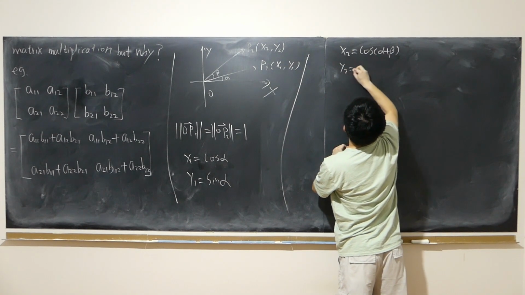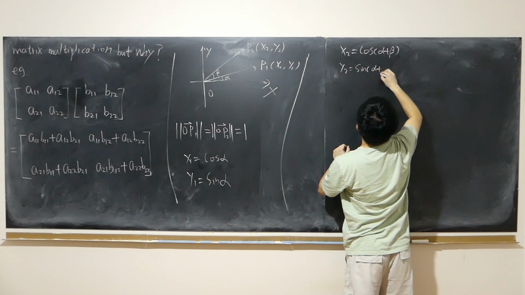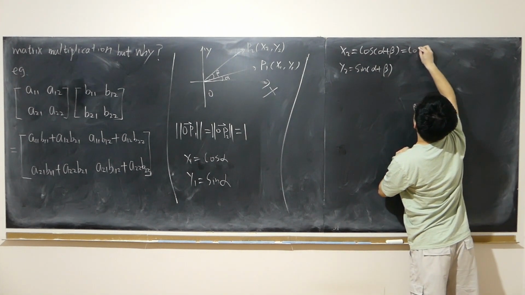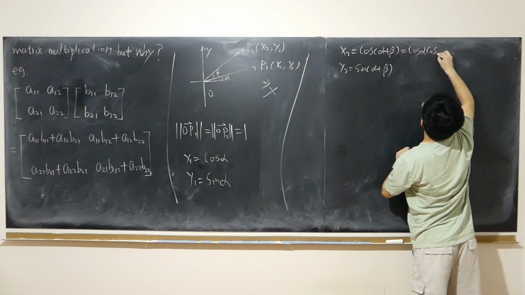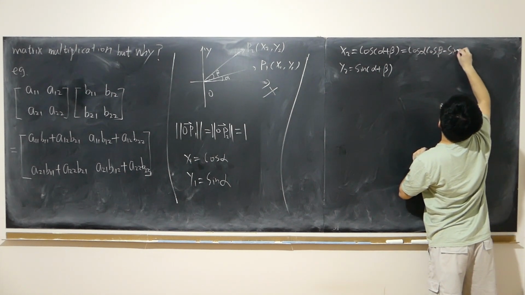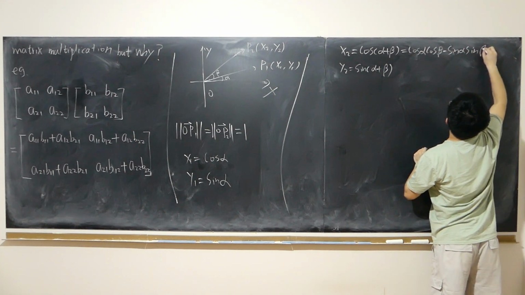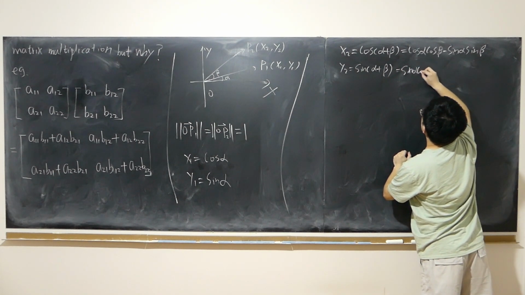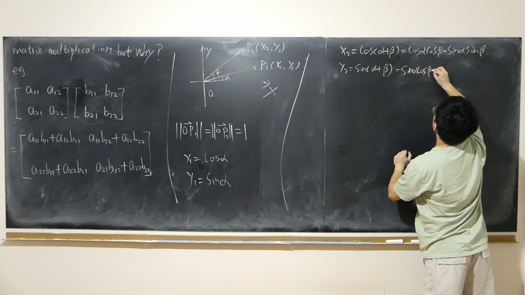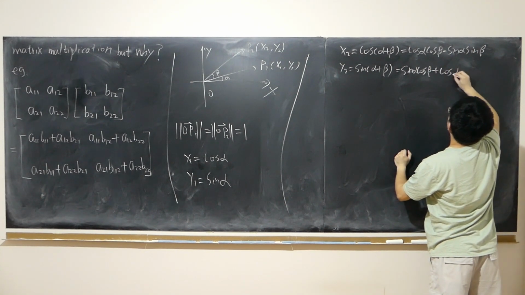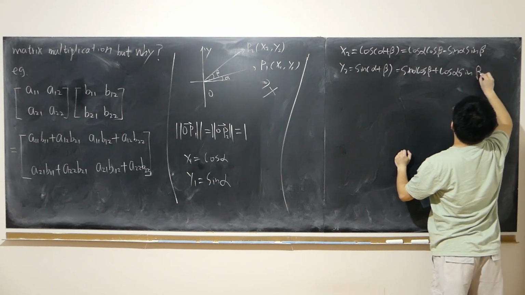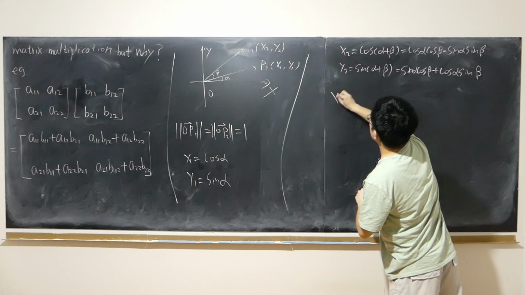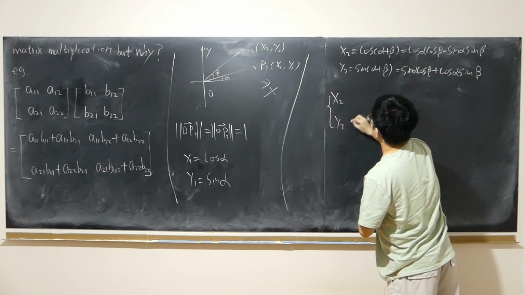You have y2, sine of alpha plus beta. There is the angle sum: cosine alpha cosine beta minus sine alpha sine beta. And there is sine alpha cosine beta plus cosine alpha sine beta. So again, we have x2, y2.